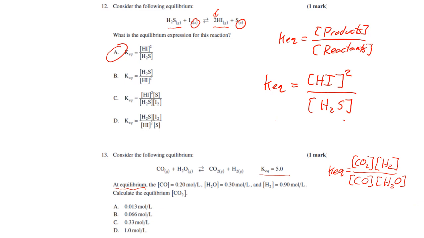I'm going to plug in all my values. KEQ is 5.0. I got that from right here. CO2 is what we're looking for, so I'm just going to write CO2 in there. H2, it tells us that it's 0.9.